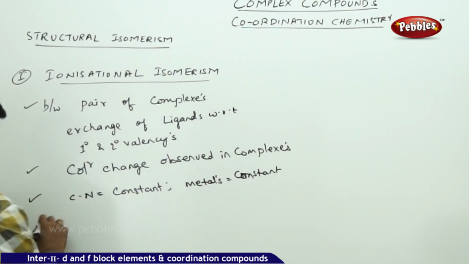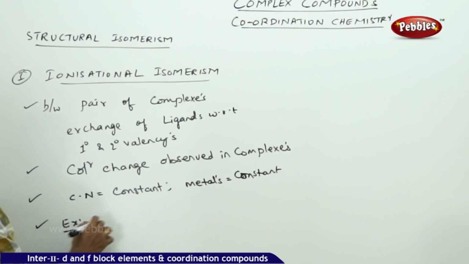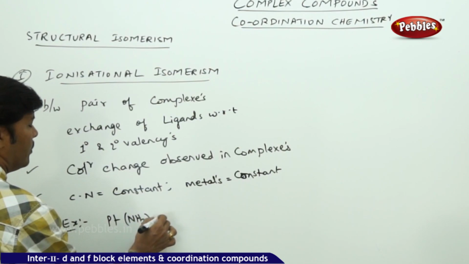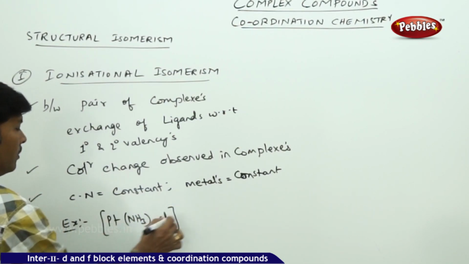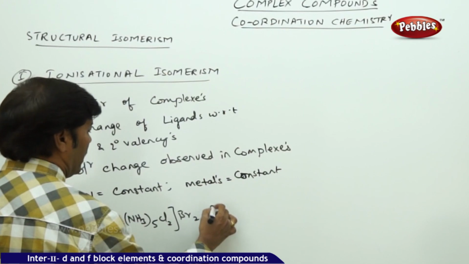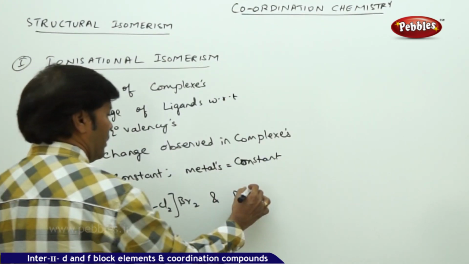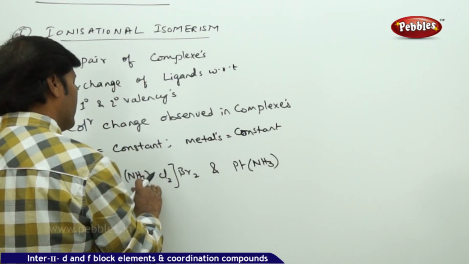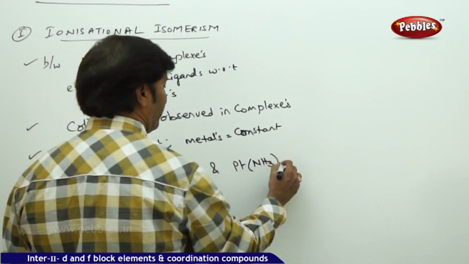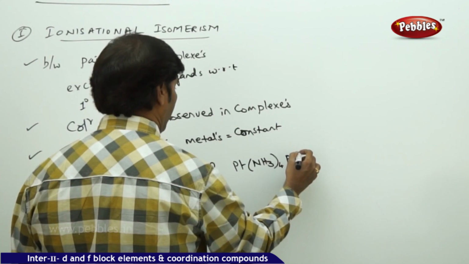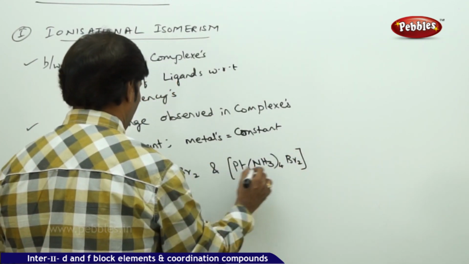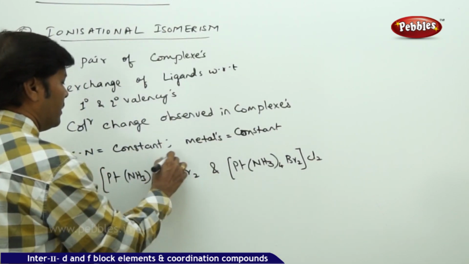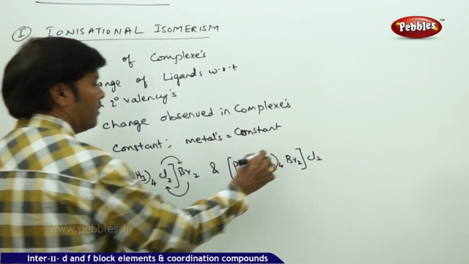So for example, if I am taking [Pt(NH3)5Cl]Br2, and [Pt(NH3)4Br2]Cl2, in both the cases there is an exchange of ligands taking place.